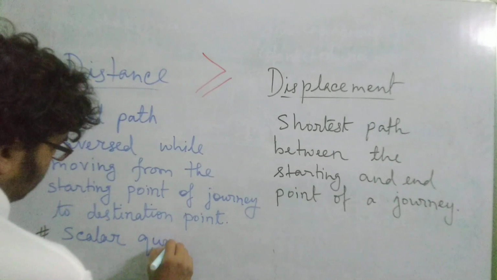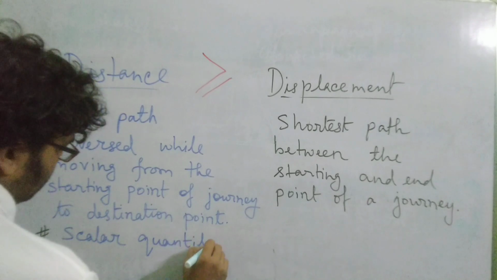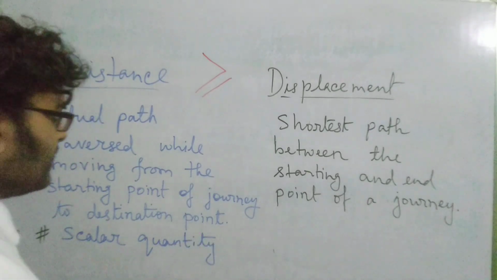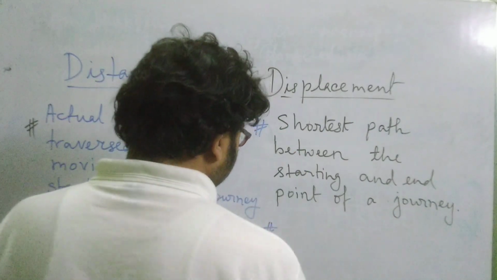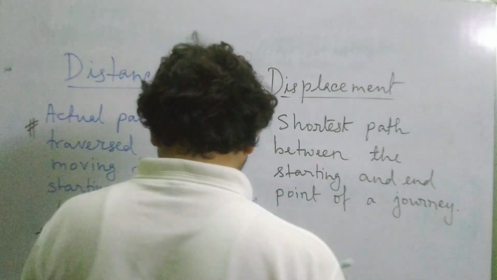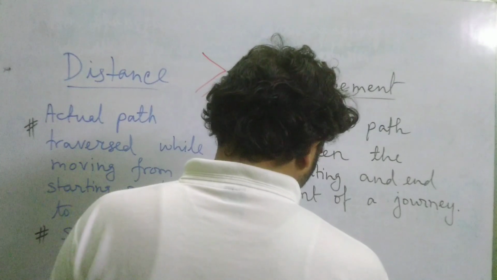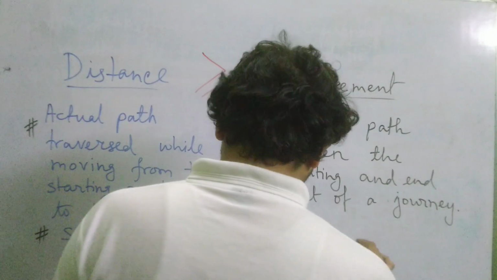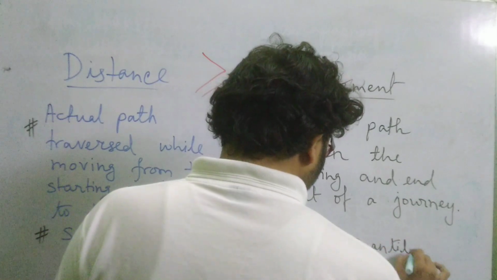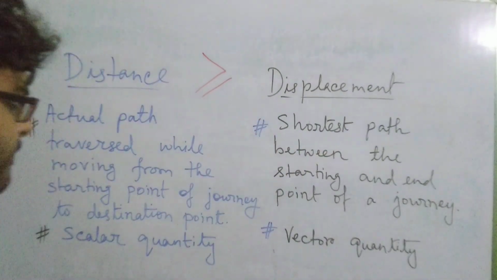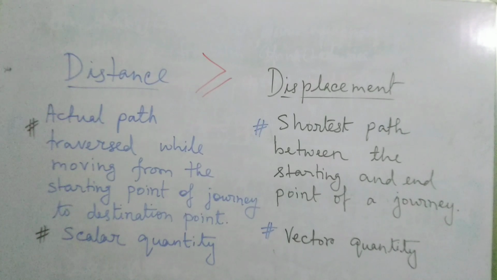On the other hand, displacement is a vector quantity, fine. So these are the 2 points that you must note down. Okay, so I think the concept of distance and displacement is clear, fine.